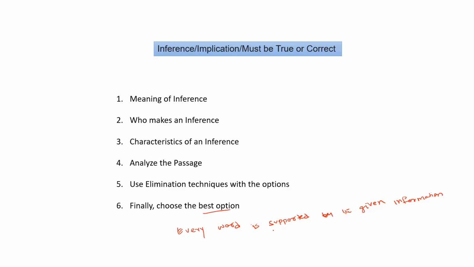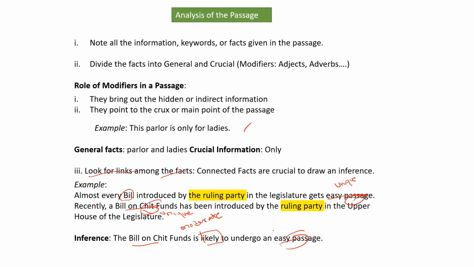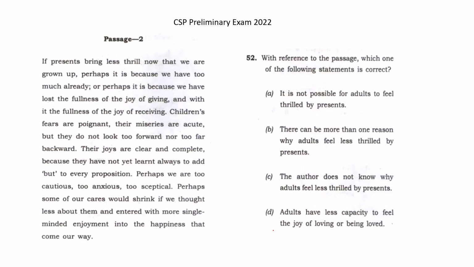And the best option is just like a summary. This is what the passage is trying to say. The gist of the passage, the essence of the passage, is the same as it is in this option. So that is how you choose the best option. Now what do we do?